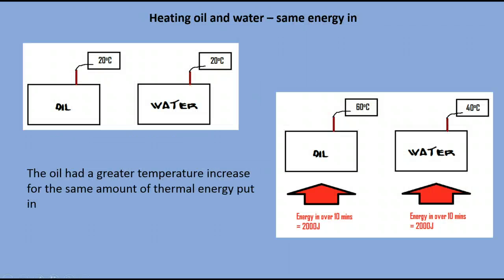We can see this if you compare oil and water. If you have oil and water over two heating elements, starting both out at the same initial temperature, if you were then to put the same energy into the oil as you did into the water for the same amount of time, you would find that the oil has a temperature change double that of the water.